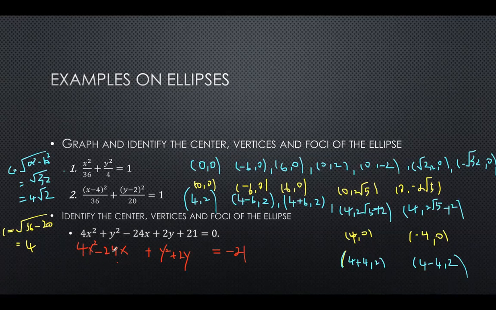Now, in order to complete 4x squared minus 24x, right, remember ax squared plus bx becomes a times x plus b over 2a, squared, and then you have to subtract b squared over 4a after that.